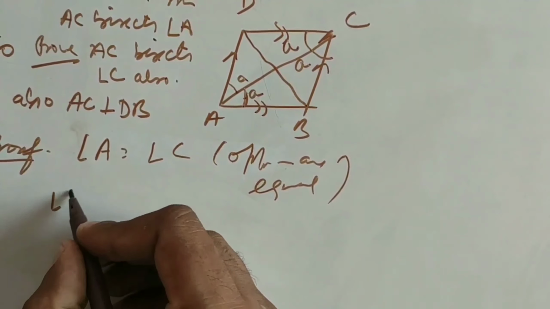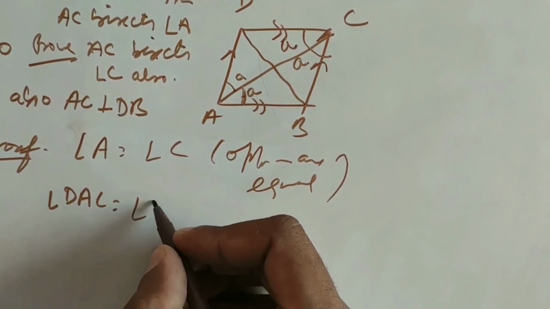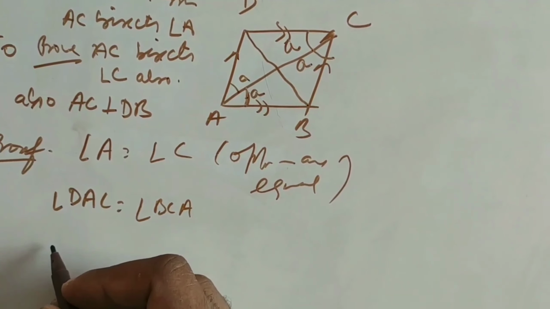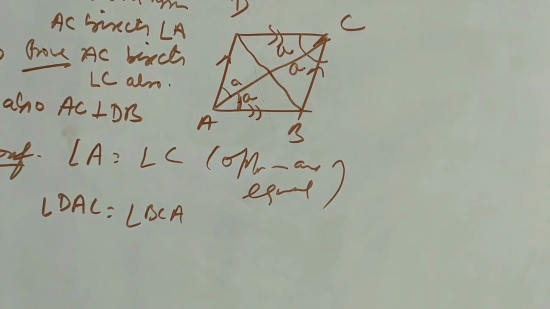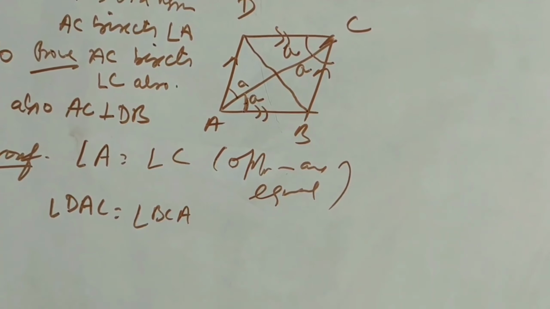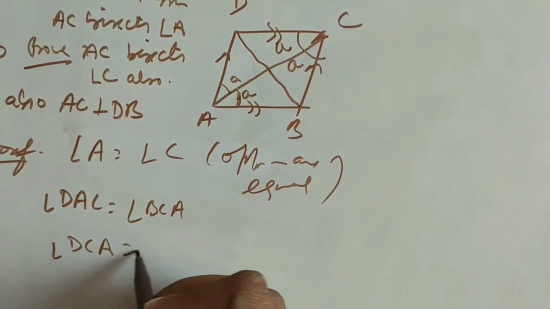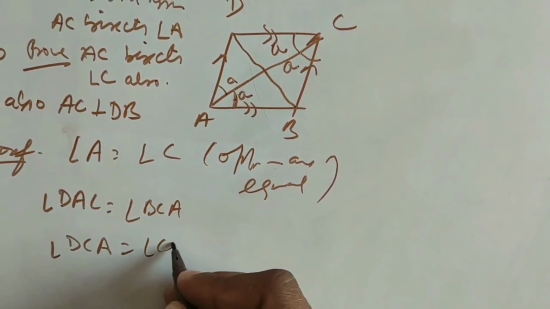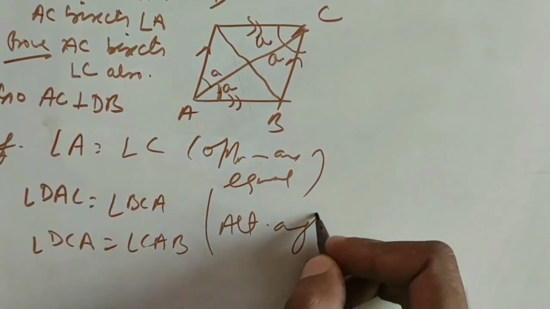Now angle DAC is equal to angle BCA, and similarly angle DCA will be equal to CAB, and both of these are alternate angles.